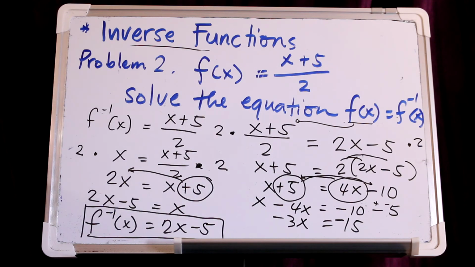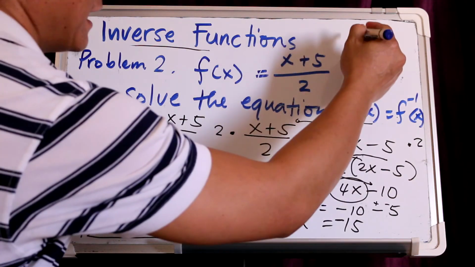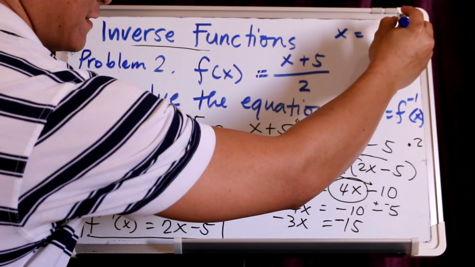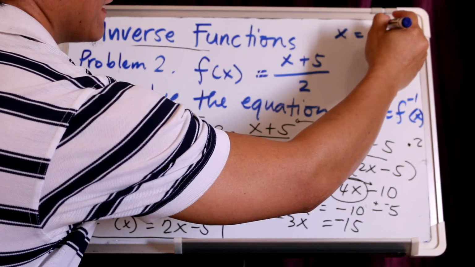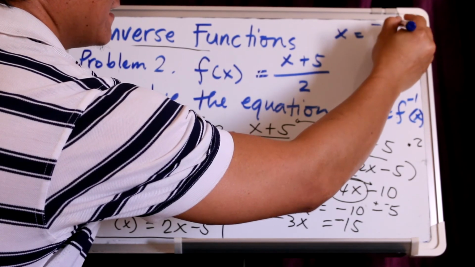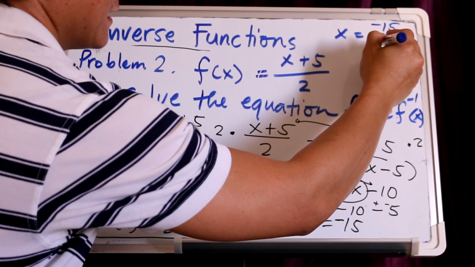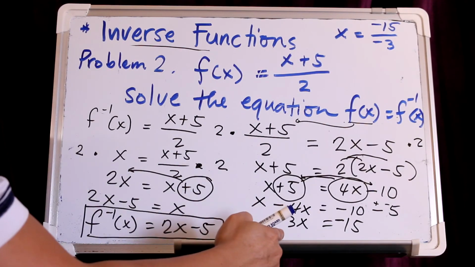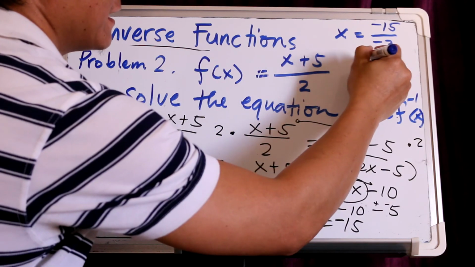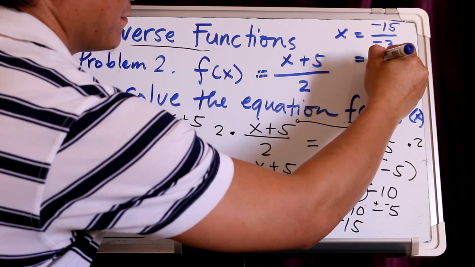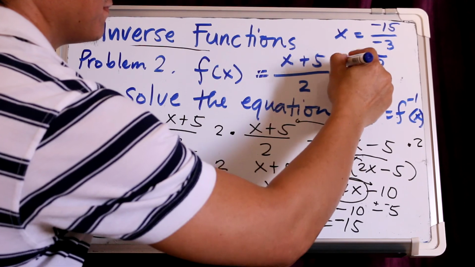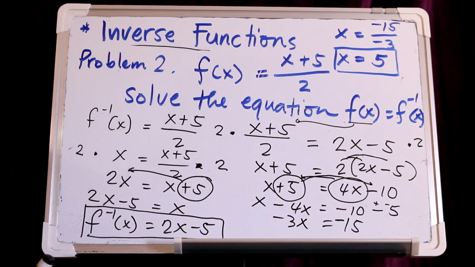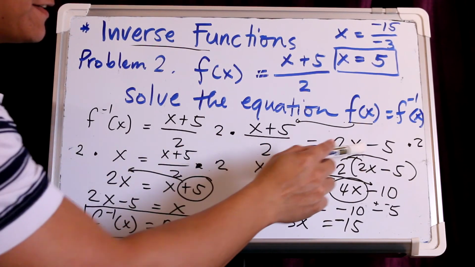The answer here would be x equals negative 15 divided by negative 3, because you are going to divide that with minus 3. So the answer is positive 5. The solution of this is positive 5.